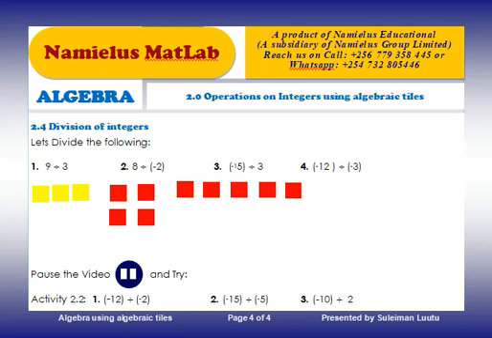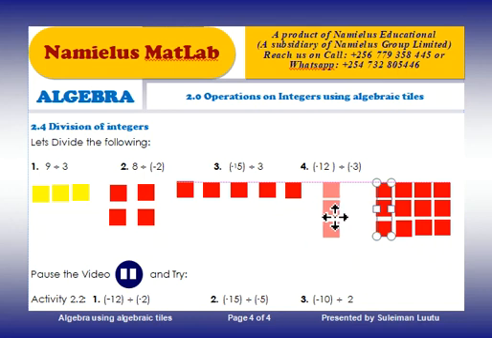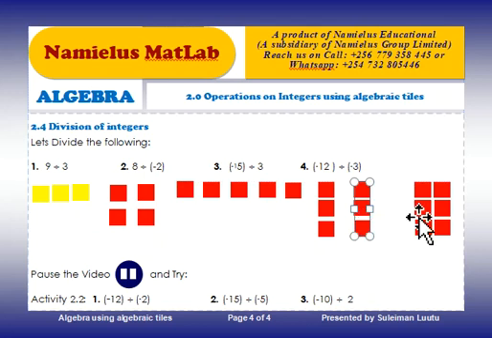Now, let's look at the final question, which is negative 12, okay? Divided by 3. This is the first group of 3, the second group of 3, the third group of 3, and then the fourth group.